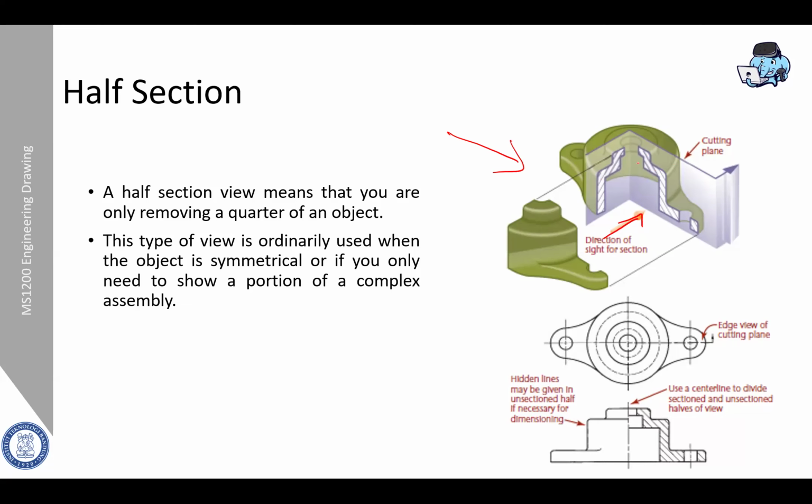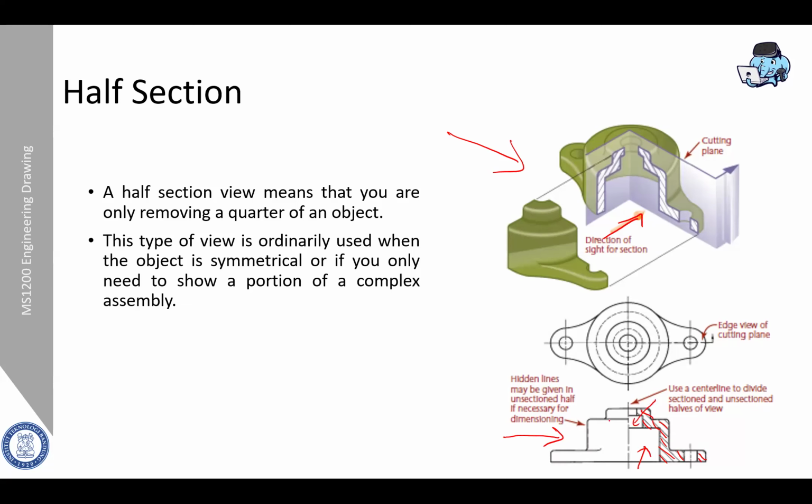So as you can see from this figure, this is half section. The section lines show you the cutting section of the part. This shows you the hole, the void. This also shows you the hole or void.